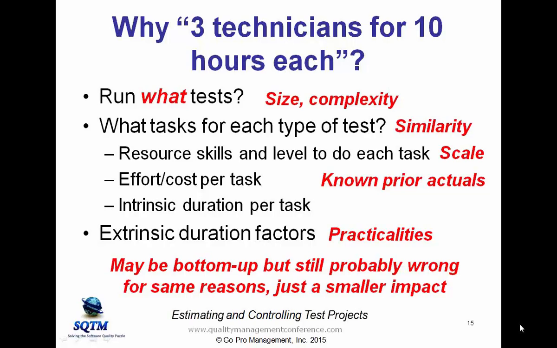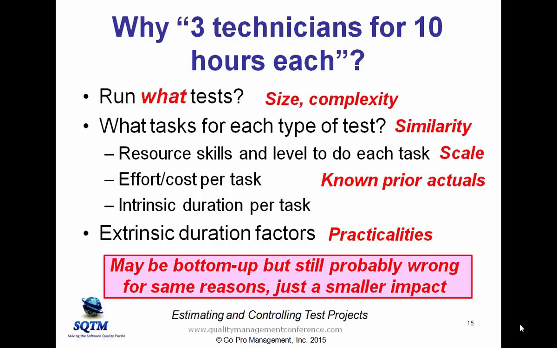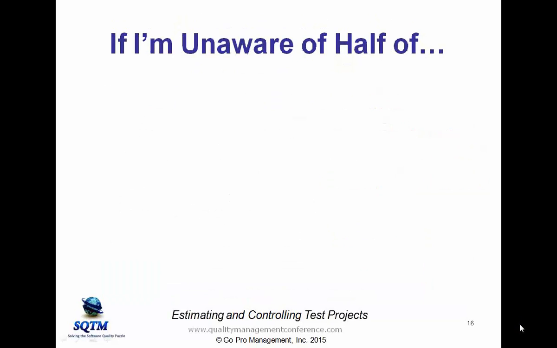But the fact is that we may not have reliable similarity, scaling, or awareness of what the reference took for any of those pieces. Okay? And so we tend to delude ourselves, and we somehow think that 3 technicians for 10 hours each is somehow a reliable estimate, and it may be total nonsense. Not saying it is, I'm just saying that that's as big a risk as something else.